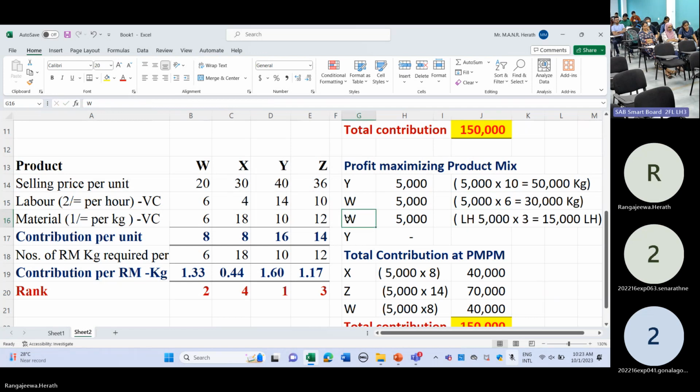Third is Z. Making 5,000 of it, 12 into 5,000 would cost us 60,000.